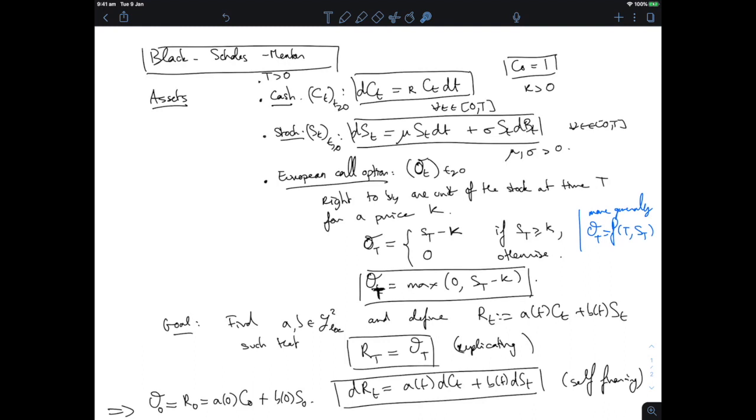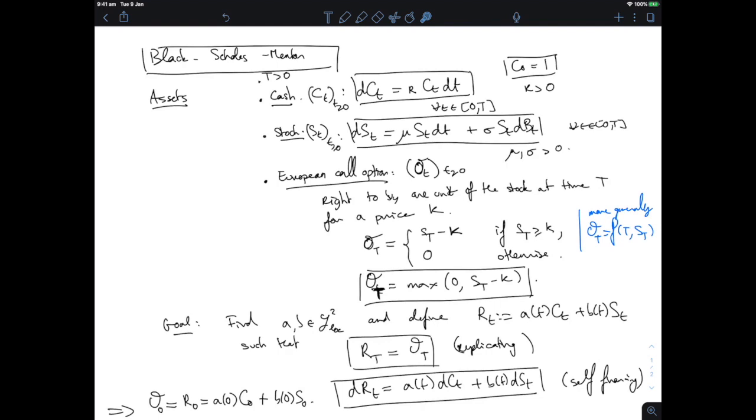What about the goal? So we're trying to find a replicating self-financing portfolio. Now, there's two things to look at here. First of all, we're trying to find an A and a B in L2 log. I didn't say that I wanted A of t to be positive or B of t to be positive. I didn't put any restrictions on how large they can be.